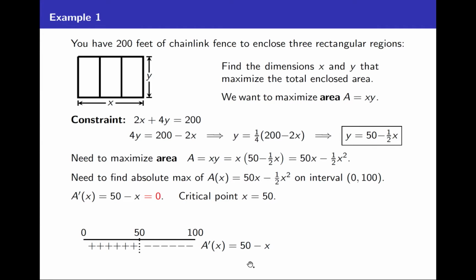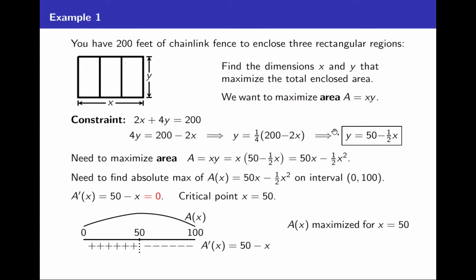That means our function for area, A(x), was increasing where its derivative was positive, and then it started to decrease after 50. So the area function, if you graph it, looks like this. It goes up, reaches a high point at 50, and then it goes down. And you can see from this that we have not just a local maximum, but an absolute maximum right there at x equals 50. So to answer our question, the area A(x) is maximized for x equals 50.